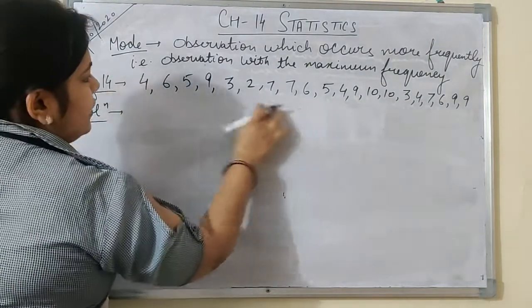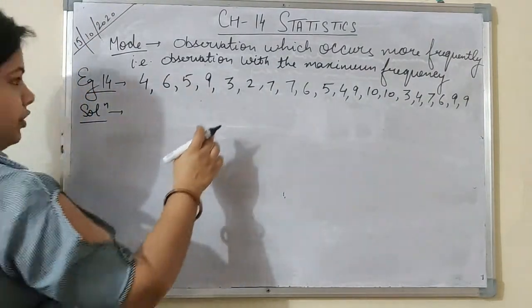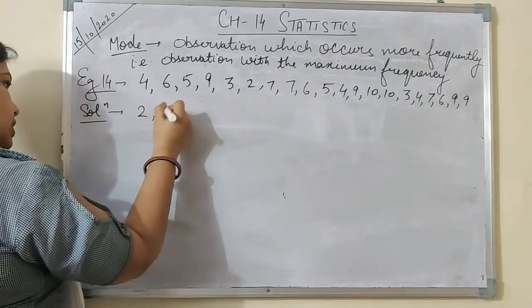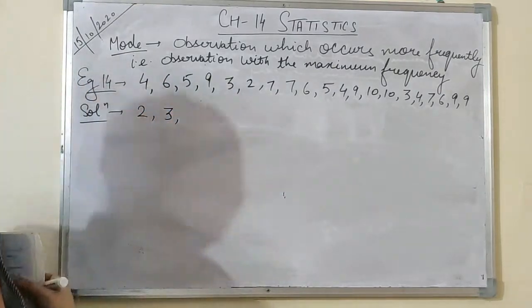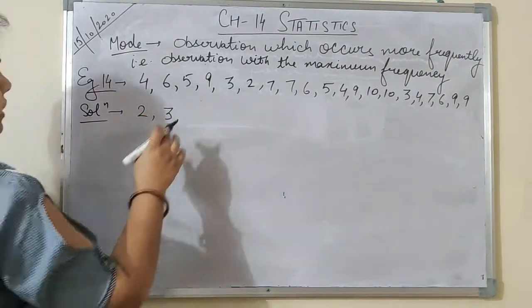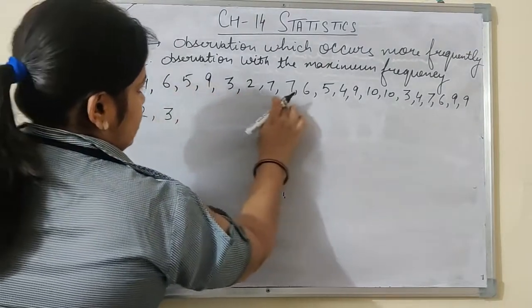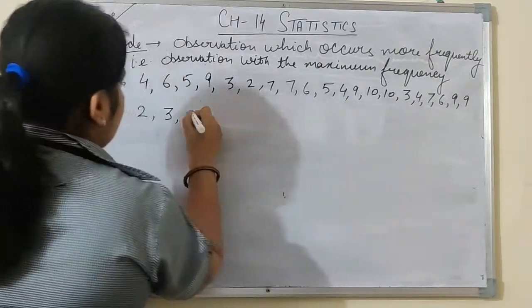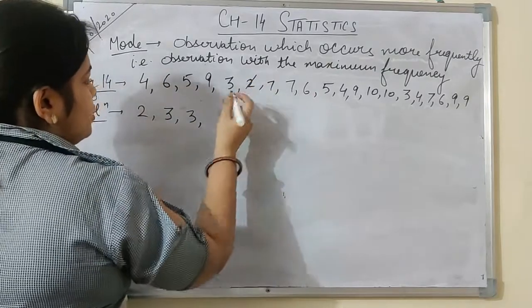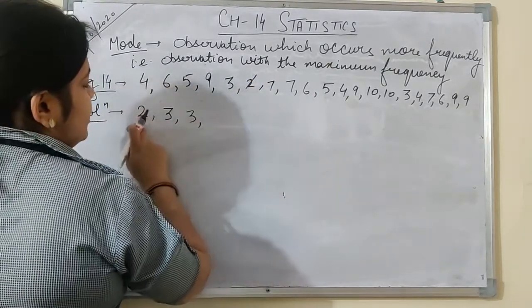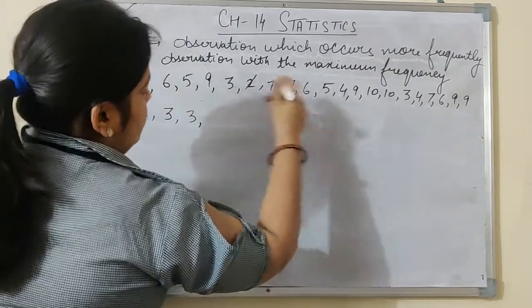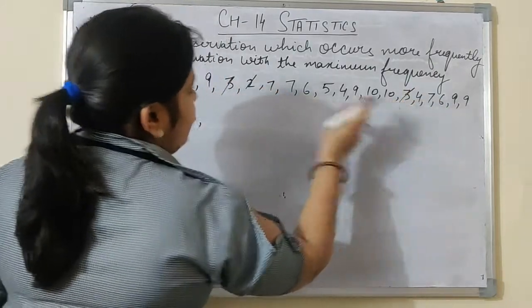If we arrange it, the data will be written like this. That is 2, then 3, which comes twice. You can cut it side by side as you write it. 2 we have written once, then 3 we have written twice.